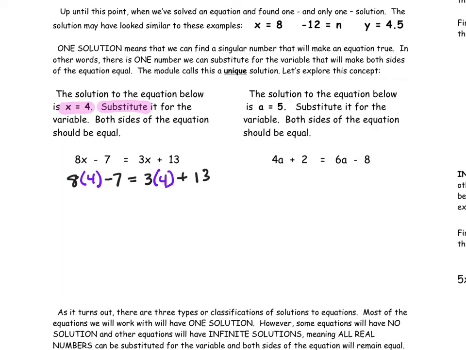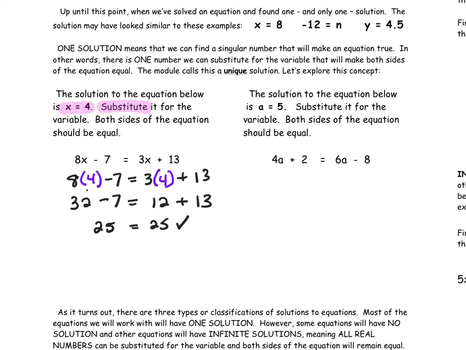So when I take 8 times 4, I get 32 minus 7 on this side, and 3 times 4 on this side would be 12 plus 13. So 32 minus 7 would give us 25, and 12 plus 13 would also give us 25. So that solution, x equals 4, is true, and it's the only one number that can make both sides true.